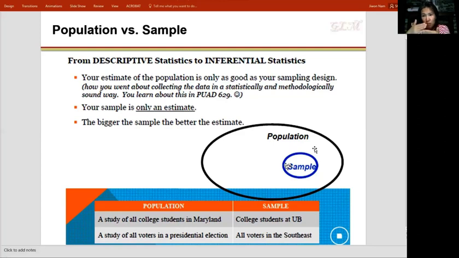So since there is a deviation, we use the concept of the standard error of the sampling distribution. Here, your sample is only an estimate. Estimate means a calculated value.